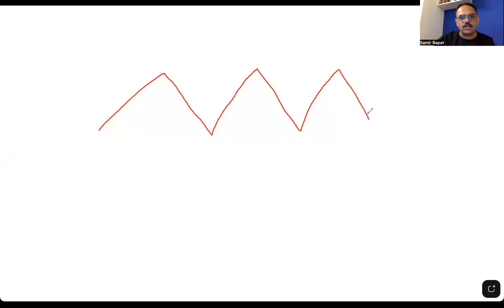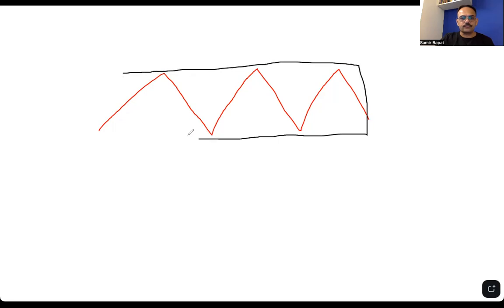So is it okay with everyone if I ask you to imagine a box around this price, and if you physically draw a box something like this, then we say, okay, the price is trapped inside a rectangular box. Everyone okay with this? Clear? Okay. Now, let's go back to the example.